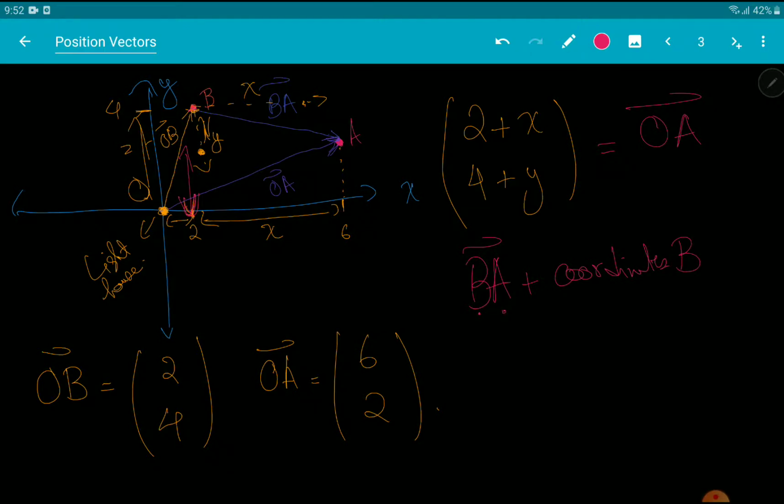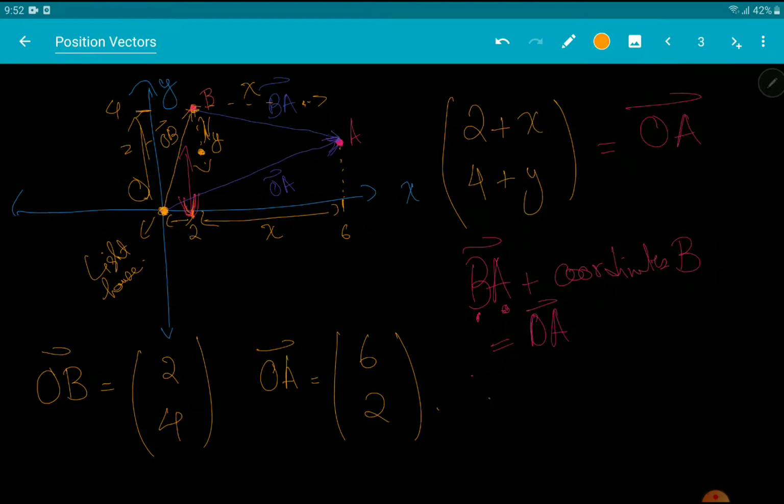So you're moving from B to A. If you add this vector to the coordinates of the initial point, which is B, you would get the coordinates of the final point, which is A, right? So you would get the coordinates of the final point, which are just represented by OA. So a vector equation can be formed like this.